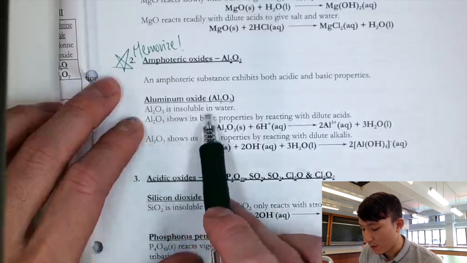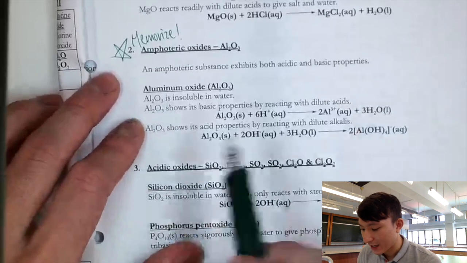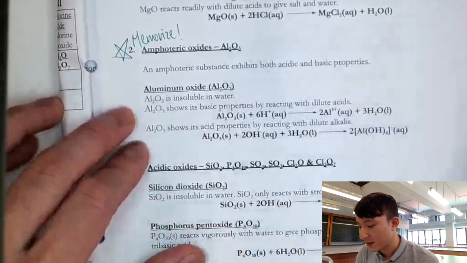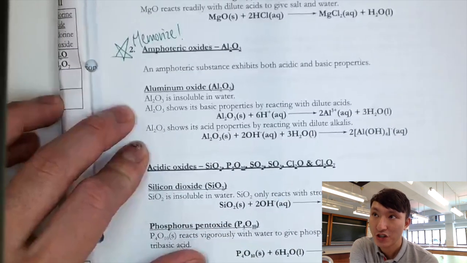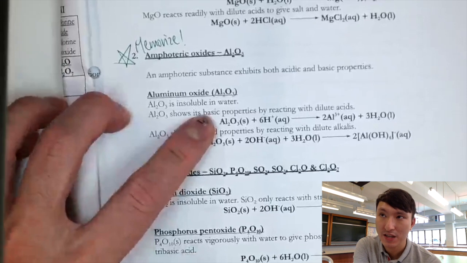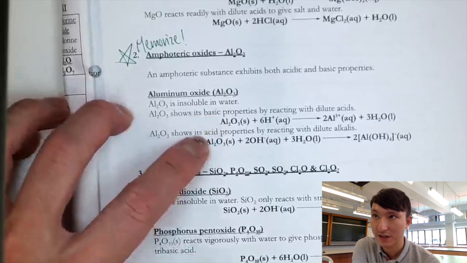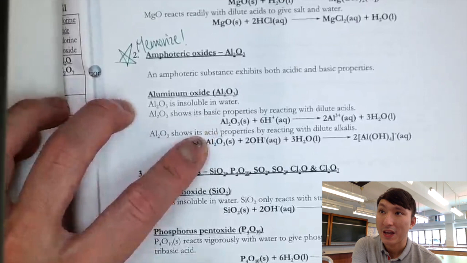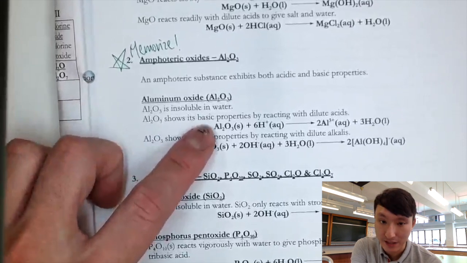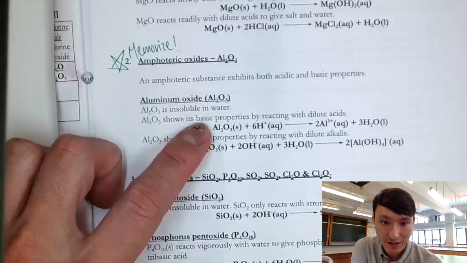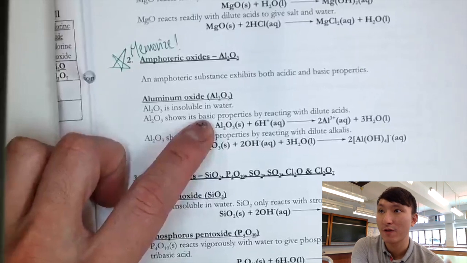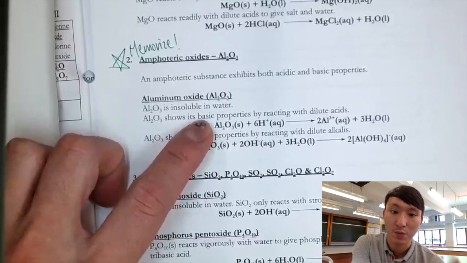Aluminum oxide is insoluble in water, okay? Well, it can show its basic property and acidic property. Now again, sometimes the question asks you to use equations to illustrate the basic property and acidic property of a particular species. So if you want to show its basic property, the best way is to add an acid, right? Because if you have a basic property, you react with an acid.